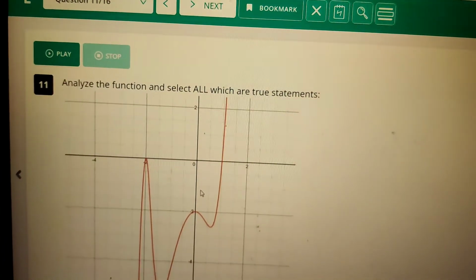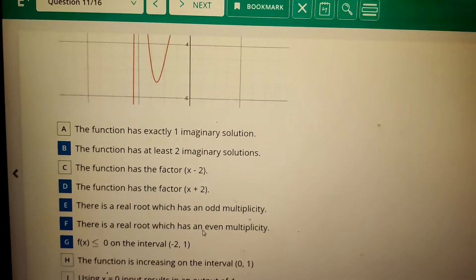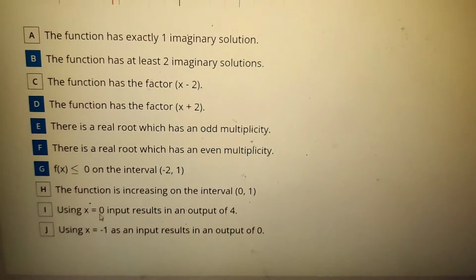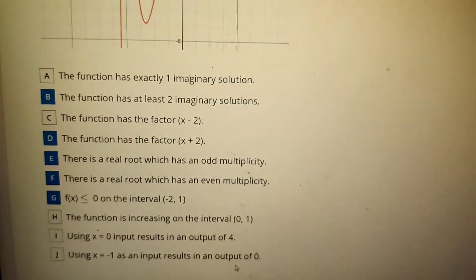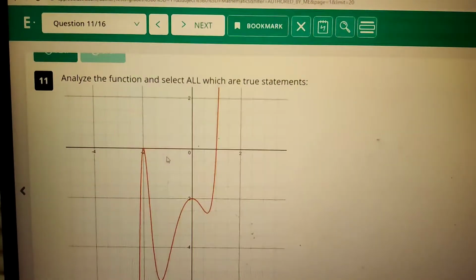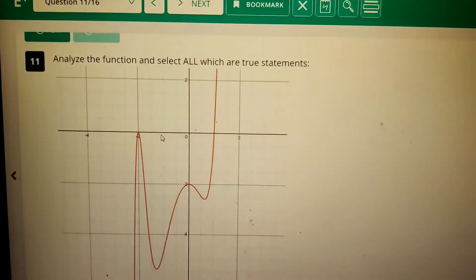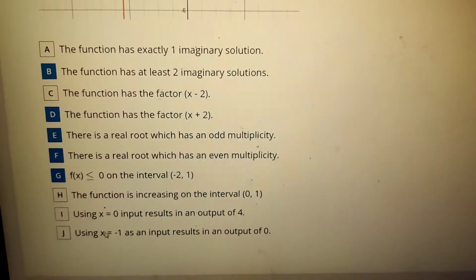So definitely not true either way, right? Because the y-intercept is -2. And then finally, using x equals -1 as an input results in an output of 0. So it is -1 right here, an output of 0, a solution? No, because it does not touch the x-axis there. So that is not true either.